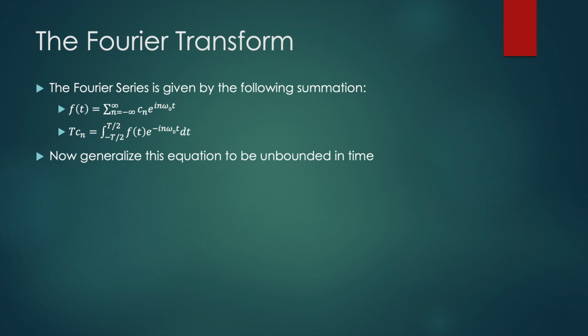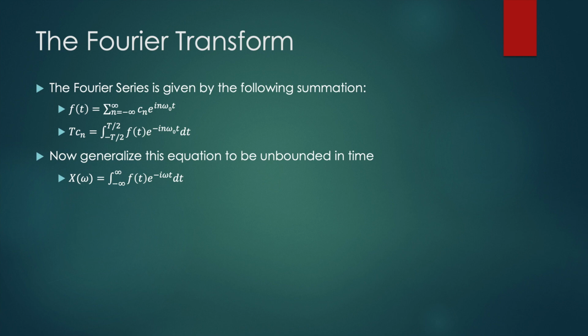And what was in the Fourier series, integer multiples of a fundamental frequency, now those integer multiples of a tiny, tiny, tiny number becomes a continuous variable. So we'll replace n w naught with a variable just w to represent the frequency spectrum that we'll be using. And additionally, our integral's bounds now will be from minus infinity to infinity.